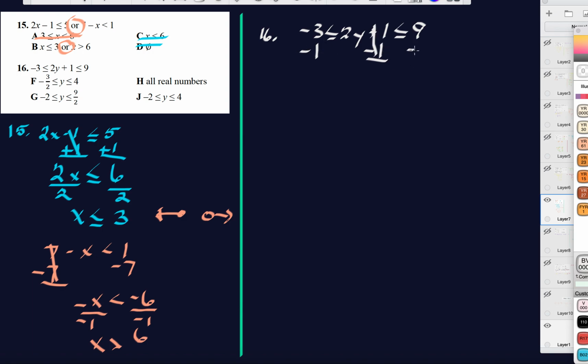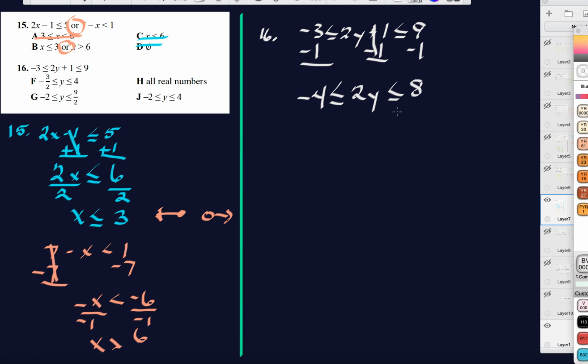And to keep the balance, I'm also going to do it over here. So negative 3 minus 1 is negative 4. Going to keep the inequality symbol, 2y is less than or equal to 9 plus negative 1, or 9 minus 1 is 8. Right?